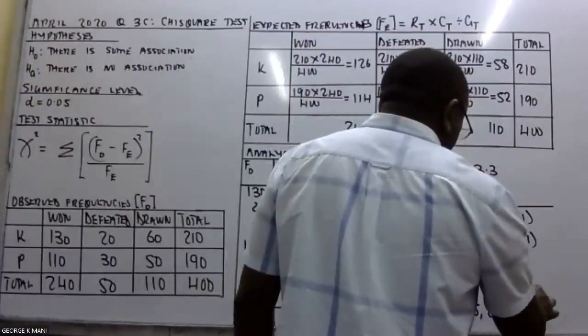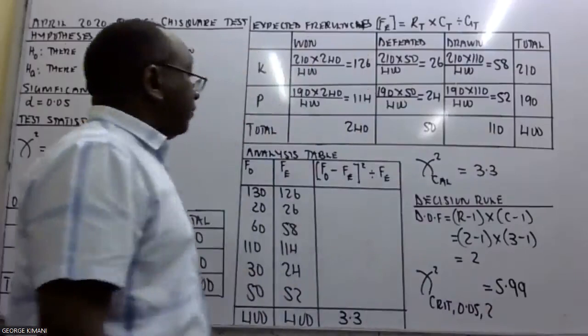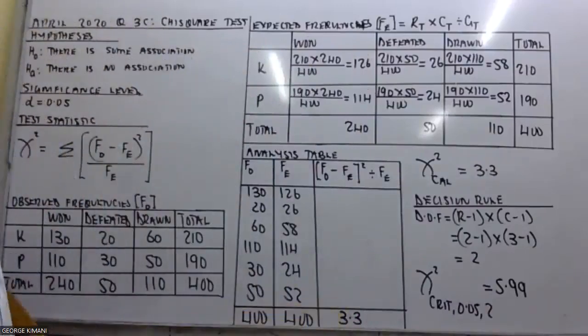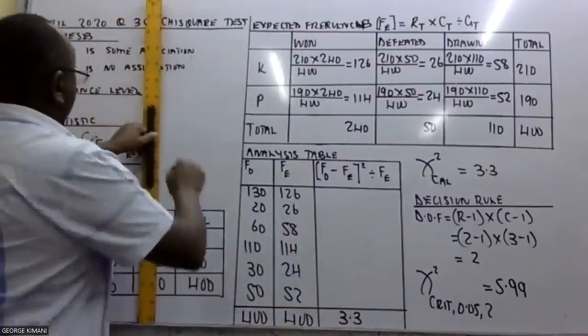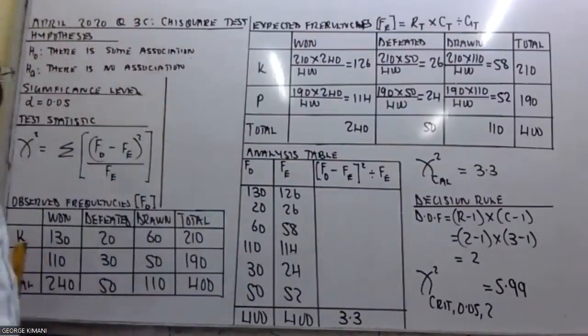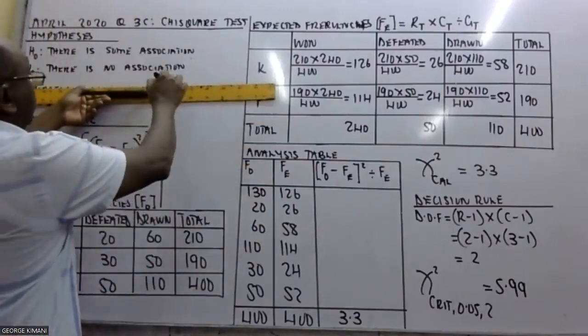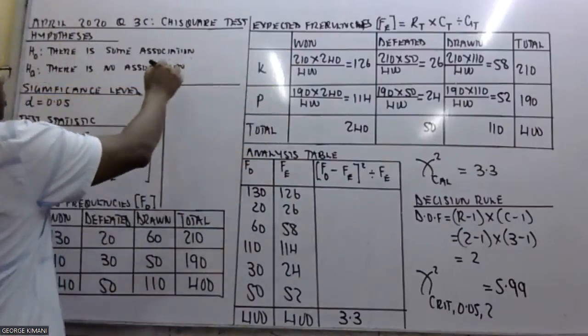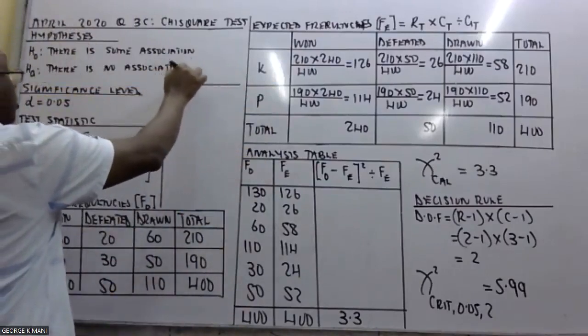5.99. So with 5.99 as the critical, you proceed to the next step, which we call conclusion.